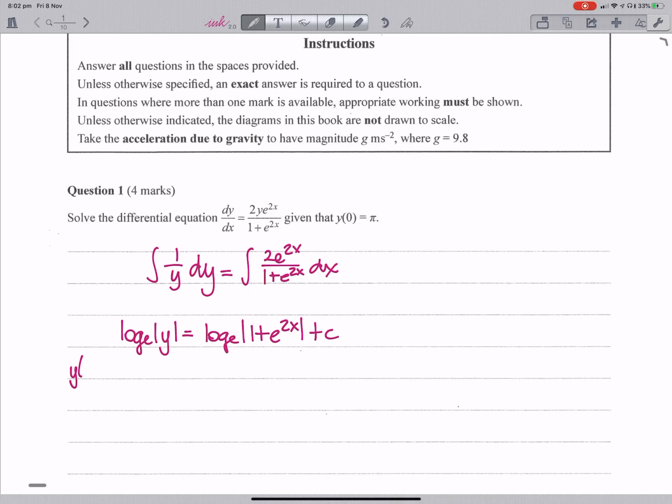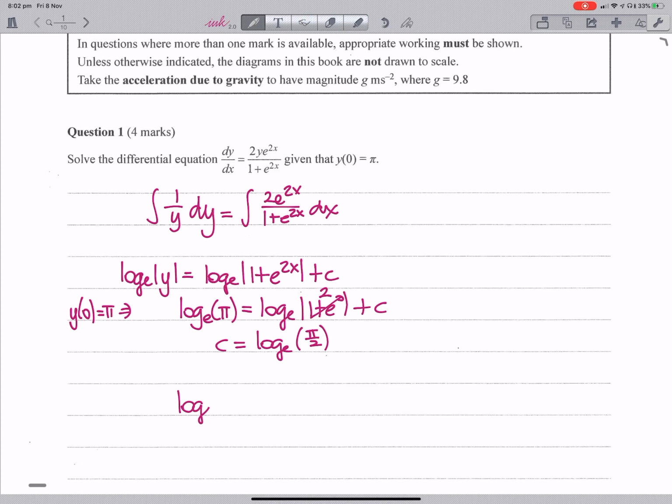We've got y of 0 equals pi. So log e of pi equals log e of 1 plus e to the 0, which is 2, plus c. When we bring that to the side, we get c as log e pi on 2.